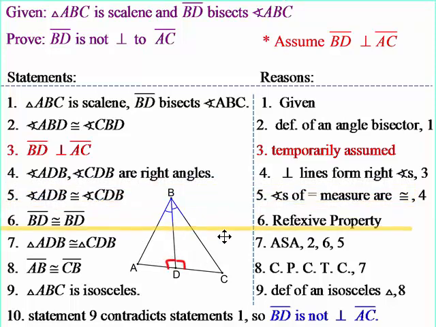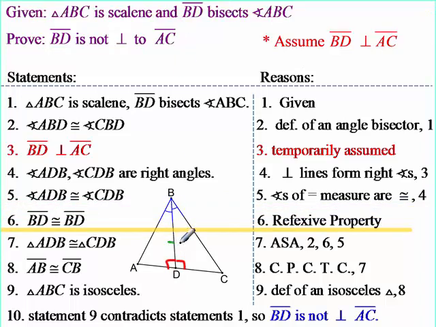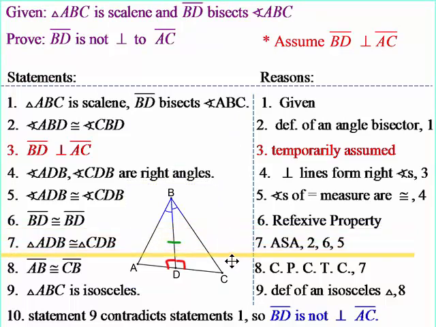And now we got BD is congruent to itself. So there you go. I put a little tick mark there to take care of that. So that's reflexive property. And now let's move this down a little bit. See, now we've got this triangle to the left, ADB, is congruent to this one to the right, CDB, because of angle side angle.